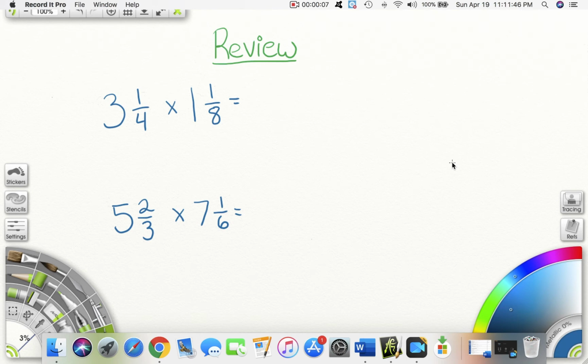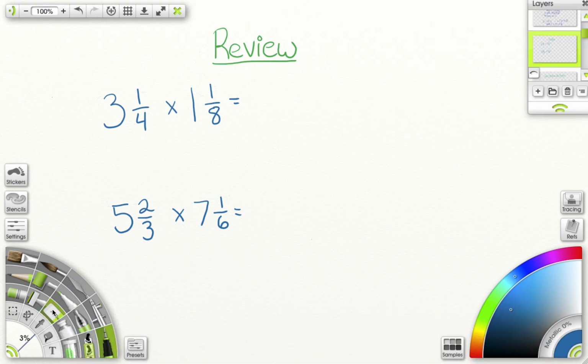So right off the bat, we're just going to do our little bit of a review like we normally do. And then we are going to go into word problems involving fractions. That's what I want to spend a little bit of time on just because you'll see problems like this, they're more applicable to everyday life and real world problems because you'll see fractions being used in your life many times.